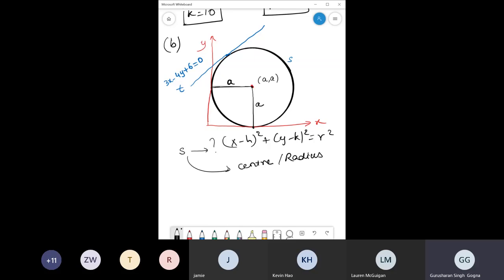Why? Because the circle is touching the x-axis as well as the y-axis. That's why this distance must be the same as this distance. A circle has the same radius all over the place, isn't it? So this is the key thing about this question.